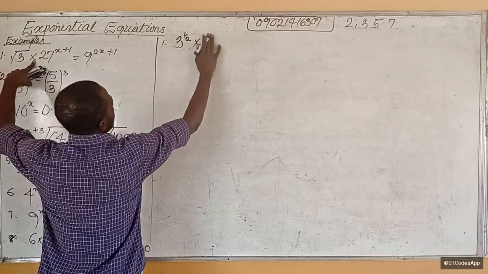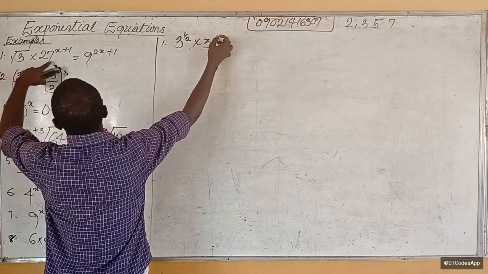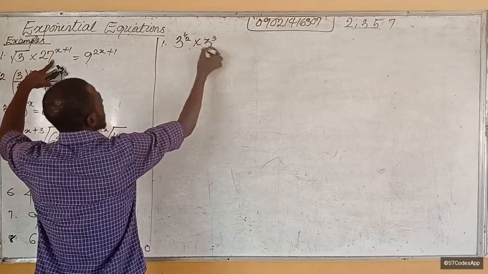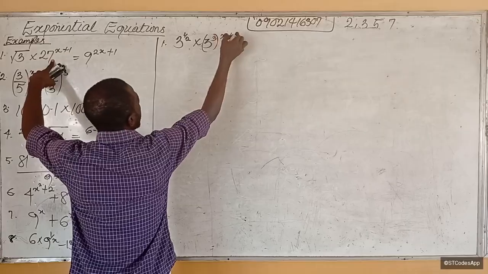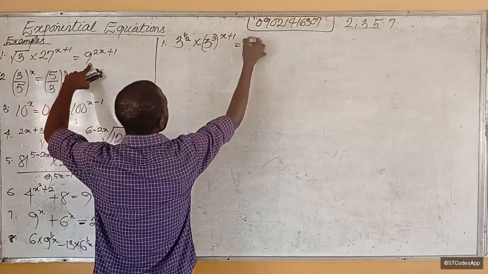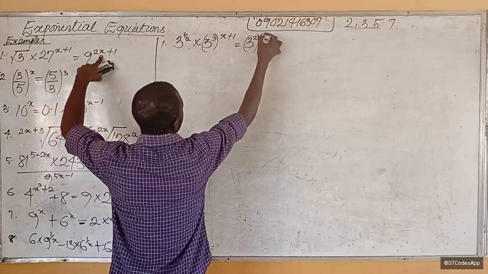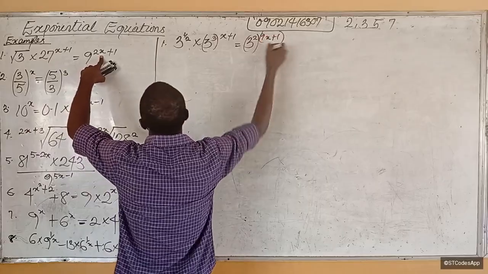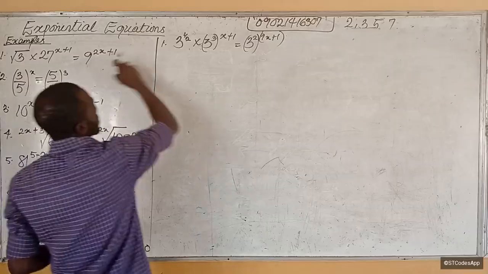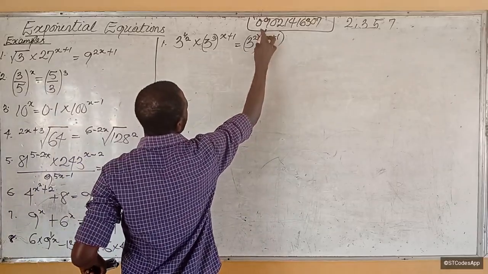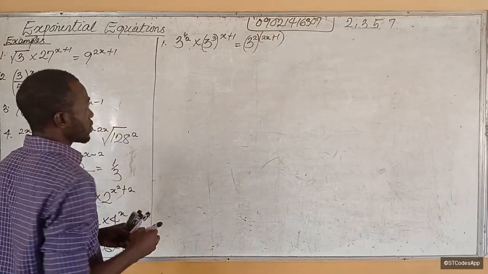times 3 raised to power 3, since 27 is 3 raised to power 3, then all raised to power x plus 1, is equal to 9, which is 3 squared, then all raised to power 2x. You must be sure not to write the wrong question. Is that okay?